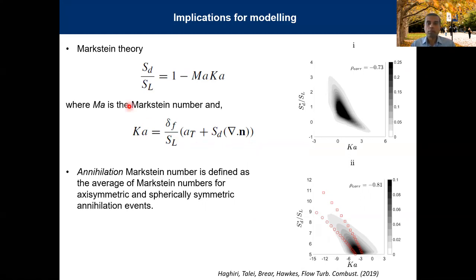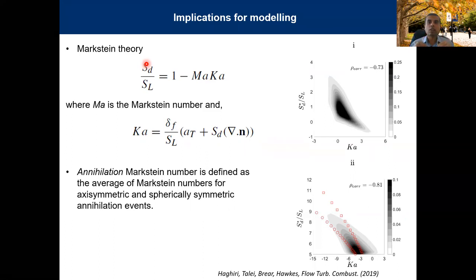A parameter which is very important for modeling is the flame displacement speed. If you imagine the flame as a surface, it's the flame speed relative to the unburned gas. And if you can predict this parameter, then in many cases you have your model, all right?